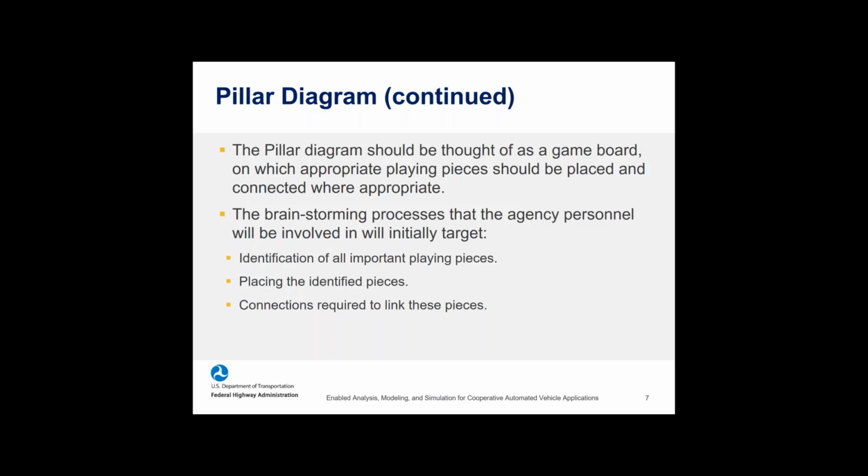And why would you do that? Because the brainstorming process that the agency personnel will be involved in will initially target identifying the piece, placing the piece, connecting the pieces, so that there is brainstorming already done to know and understand exactly whether that is going to answer the questions you have or not.